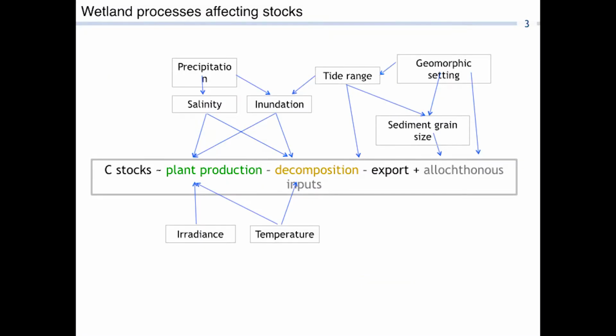And each of these 4 major processes in tidal wetlands are going to be affected by a number of drivers, and those also are interrelated. So things like salinity, inundation, geomorphic setting, grain size, and so forth. These all interact to affect carbon stocks. We looked at a subset of these, and not all of them, but we're able to make some preliminary progress in understanding these relationships.